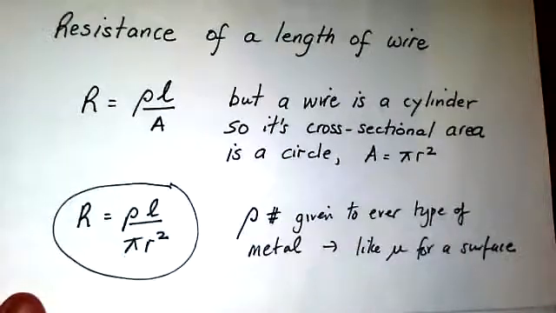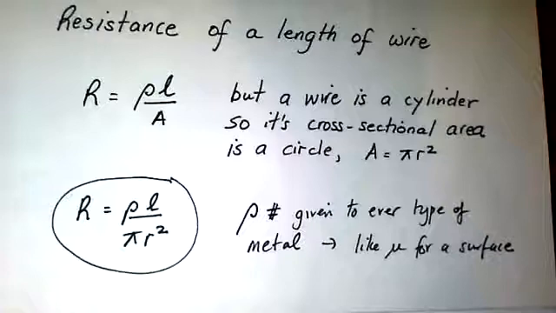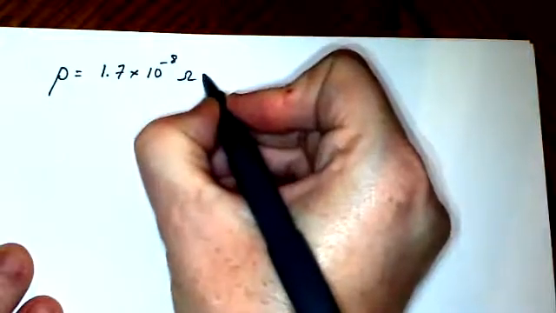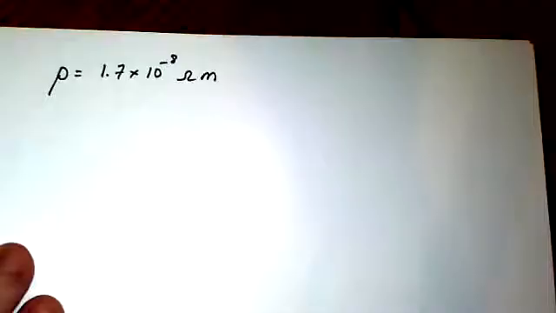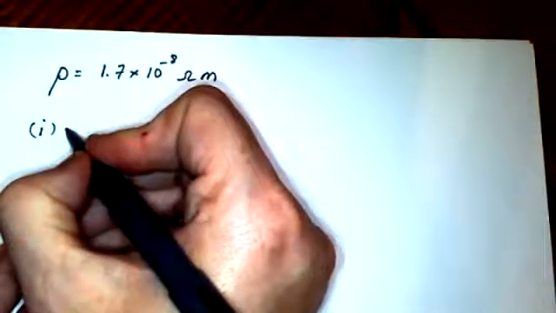If we take a look at the questions at the bottom of your section on resistance, it tells you that you have a copper wire with a resistivity of 1.7 times 10 to the negative 8 ohm meters. In part 1 of the question, what is the resistance of a 1 meter length of copper wire?